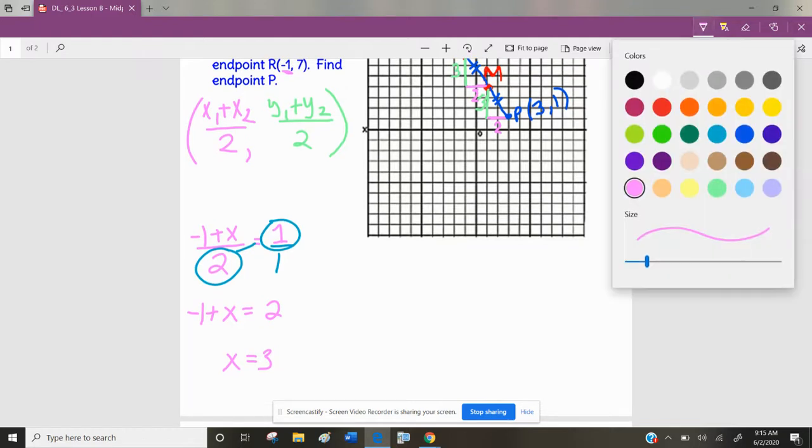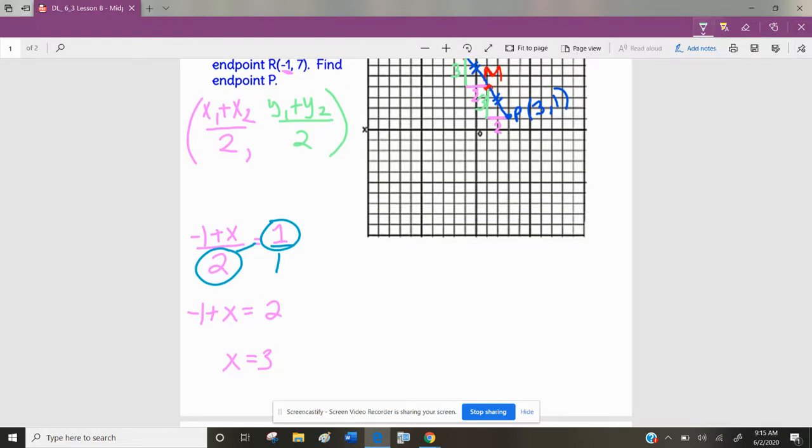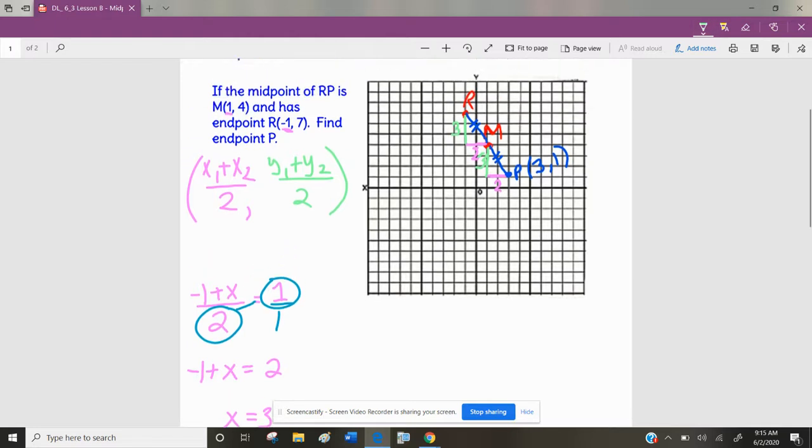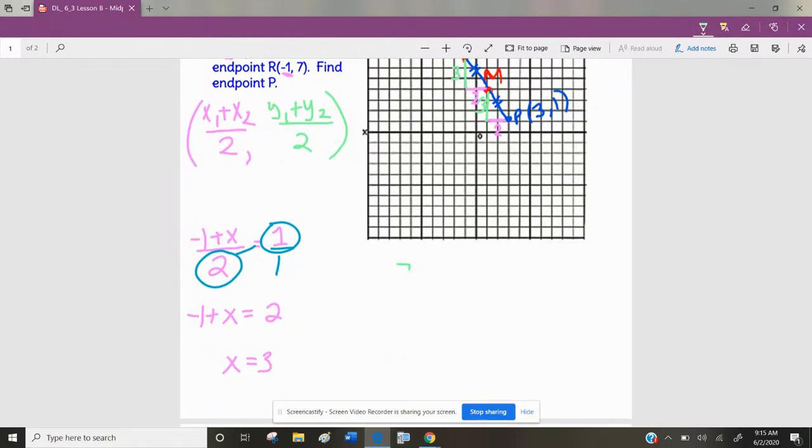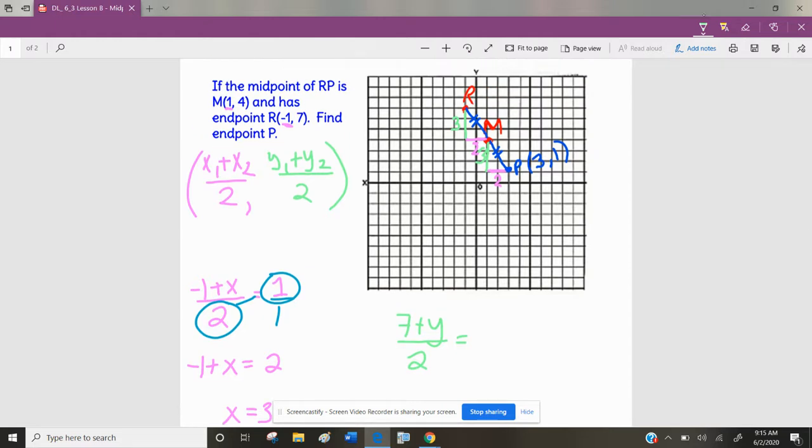So we're going to repeat the same steps, but we're going to do y this time. So we know that the y coordinate of R is 7, and 7 plus whatever the y coordinate of P is, divided by 2, should give us the y from the midpoint, which is 4.